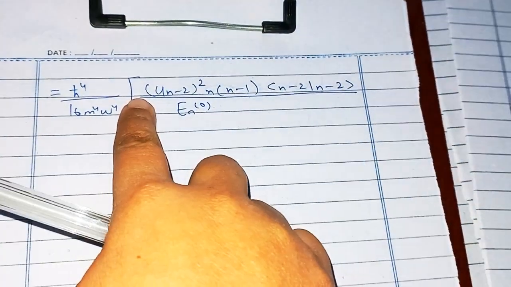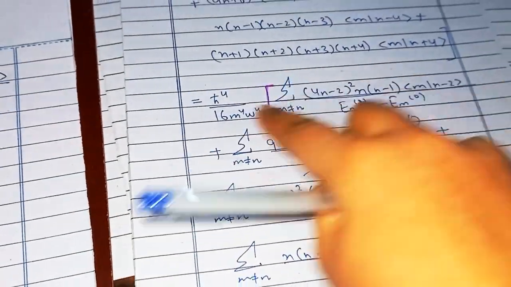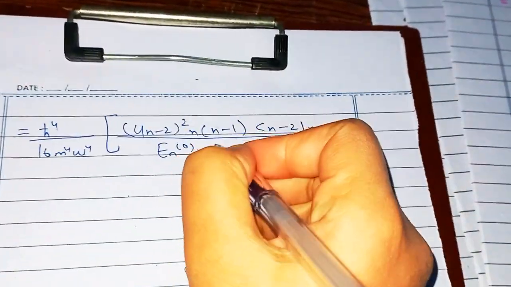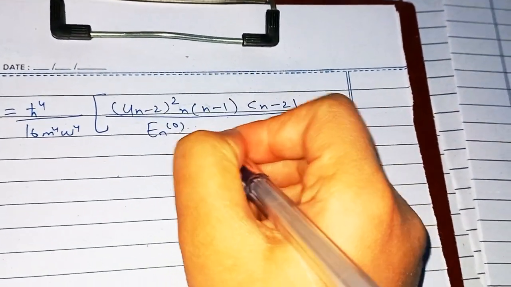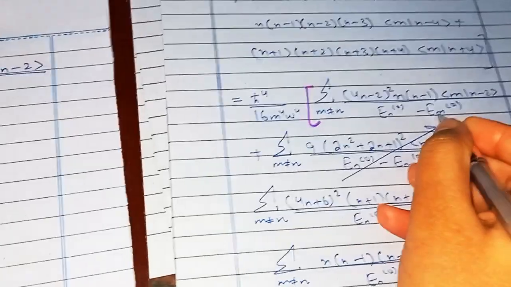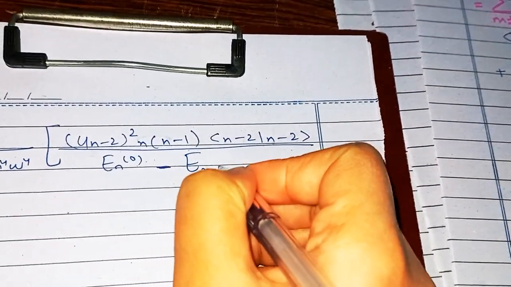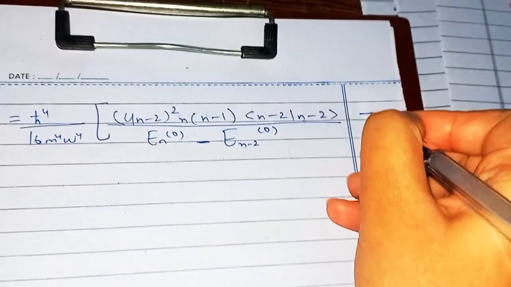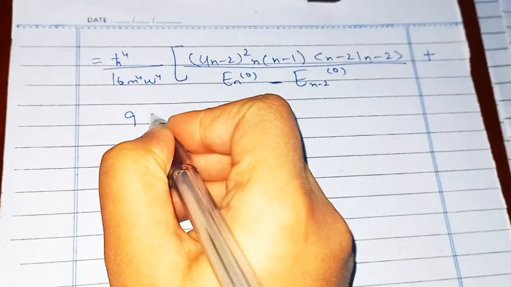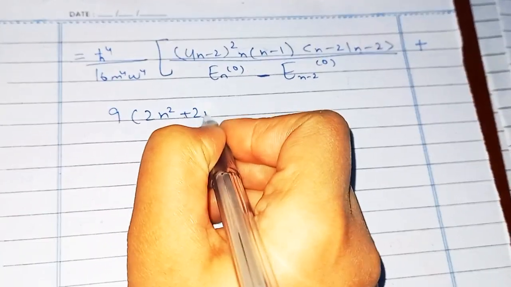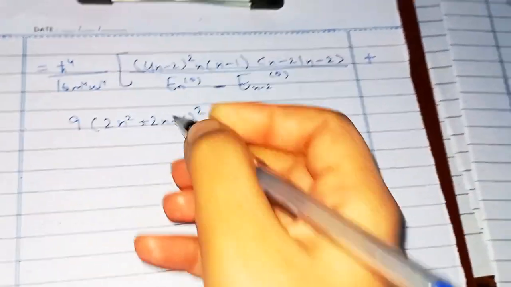You don't need to write the summation now, because this is the effect of the summation that made all the quantities 0 except when the bra is equal to the ket. So En of 0 minus Em. What is m? For this particular value it's n minus 2. Then plus sign, you'll do the same thing for all the values in here, whole square.